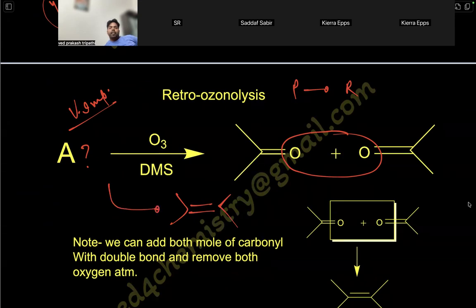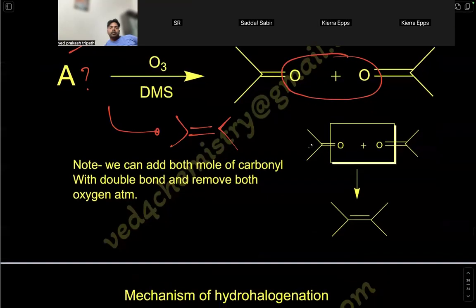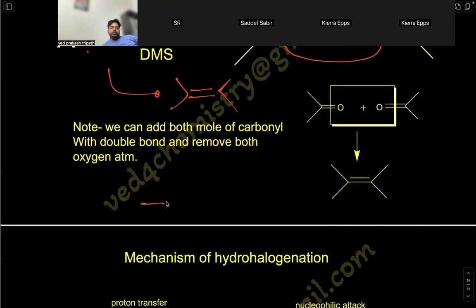Clear? Suppose we have this one. What would be my reactant? So write down both the components in such a way that you can represent both the oxygens approaching each other like this.